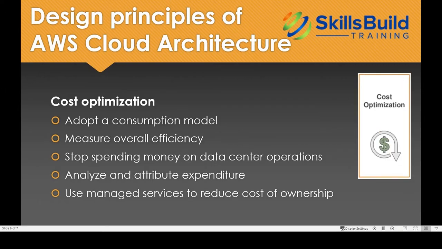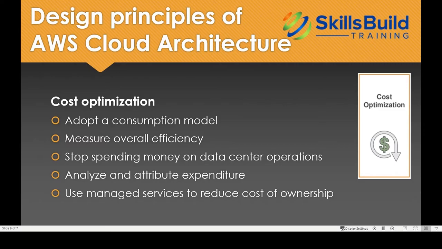Next pillar we have is cost optimization, or the ability to avoid or eliminate unneeded cost or suboptimal resources. Cost optimization focuses on avoiding unnecessary costs. Key topics include understanding and controlling where money is being spent, selecting the most appropriate and right number of resource types, analyzing spend over time, and scaling to meet business needs without overspending.